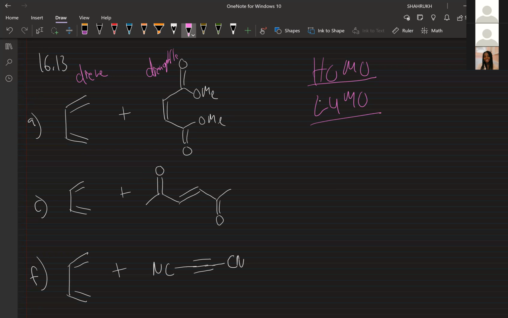That makes sense because the diene is the more electron-rich molecule, so it needs a good occupied molecular orbital. The dienophile is receiving the electrons, so it needs a good LUMO, the unoccupied molecular orbital. These HOMO-LUMO interactions are how chemists have rationalized how these pericyclic reactions work.